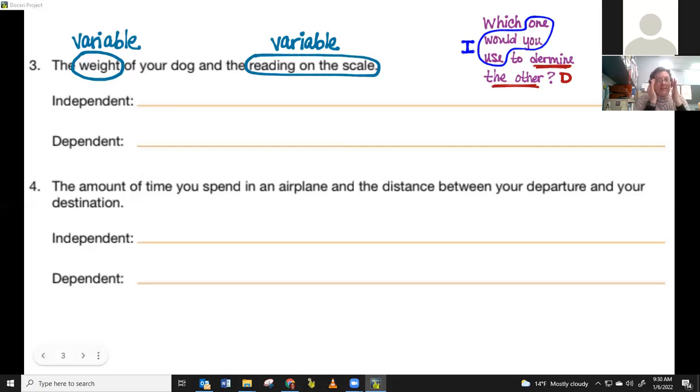We can use what the scale says to say whether the dog is this many pounds or that many pounds, but the scale is not the thing that is determining how big your dog is. What determines how fat or skinny your dog is?